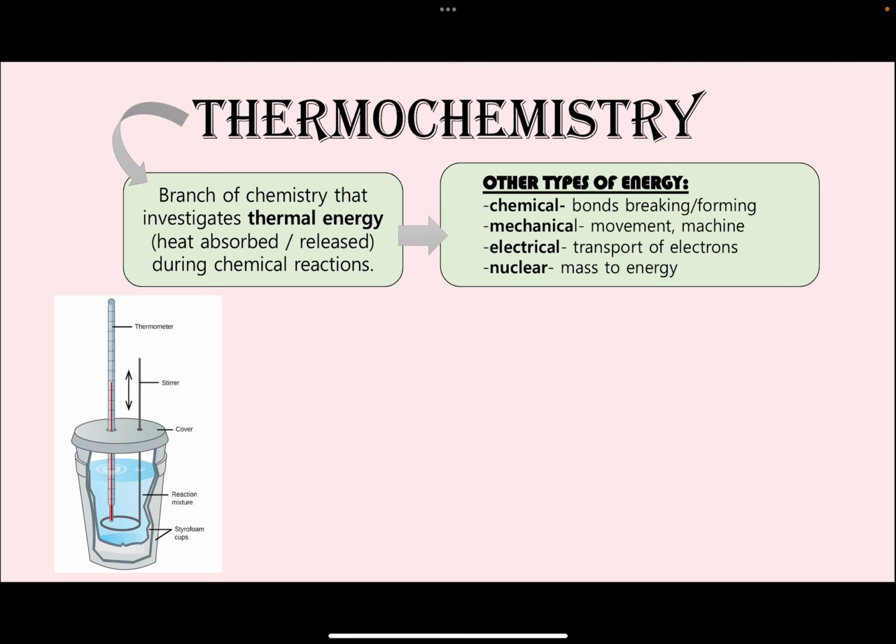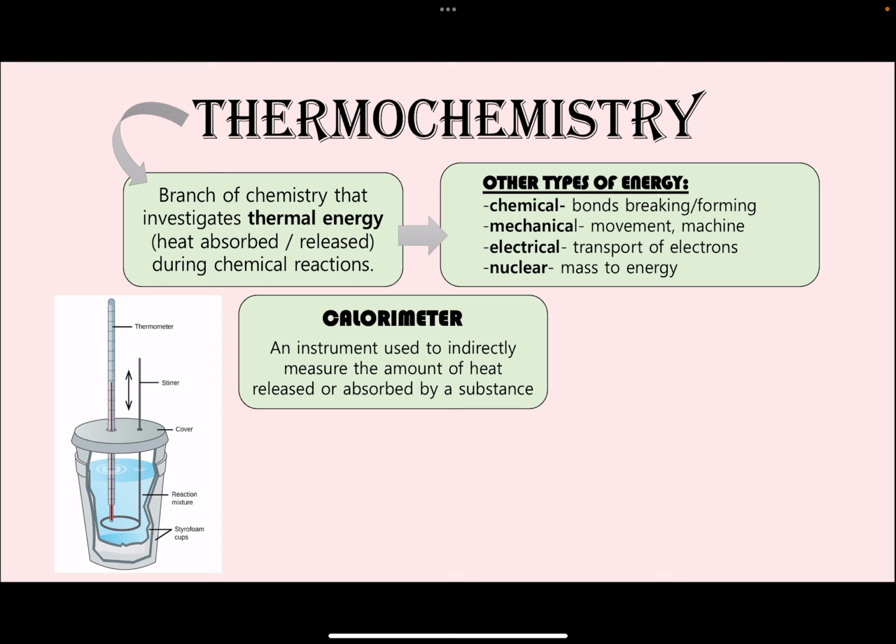So let's think back about calorimetry that we talked about in one of the previous units. A calorimeter is something that we can use to measure the heat absorbed or released in a chemical system. Normally we use an insulated container, usually a styrofoam cup, but sometimes we use other insulators.